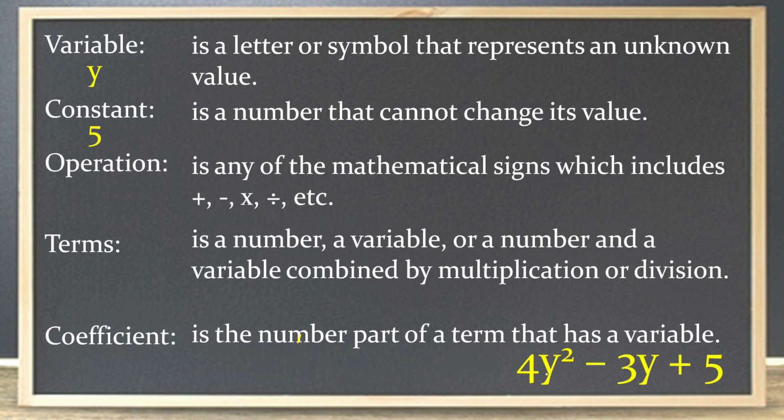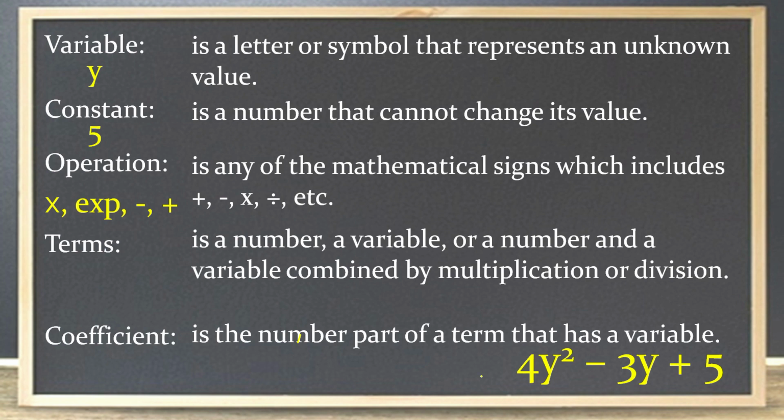So between 4 and y, there is an implied multiplication sign. So we say the operations that are functioning in this expression are the multiplication, and we have a power here, so we say exponent. We have a minus sign. We have a plus sign. So these are the operations in this expression.